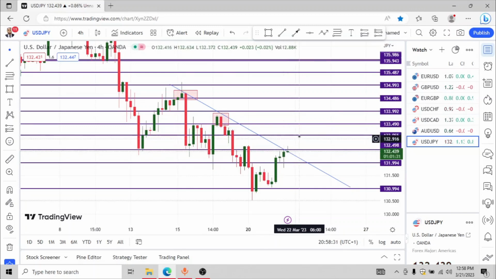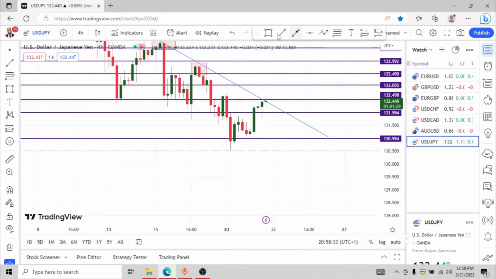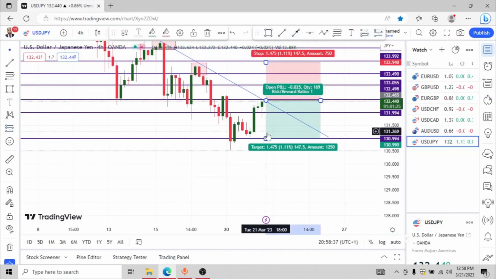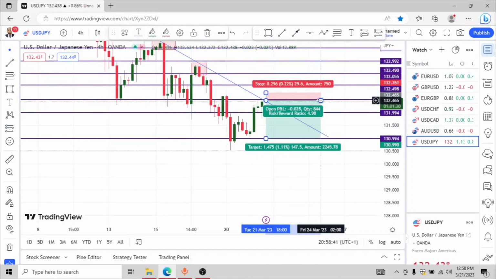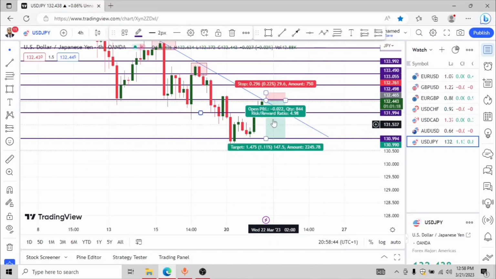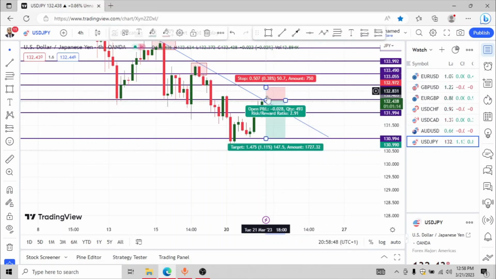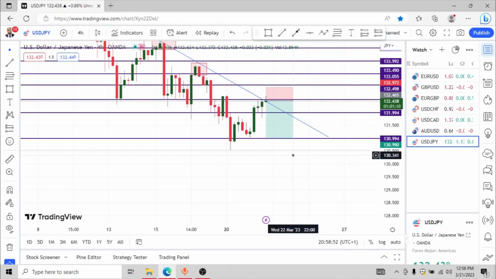So what we will do at this point is, this is where we'll take our trade. So we will now wait to have a sign for an entry. Do not enter yet, but I know this is a good opportunity for us to take a trade. So we'll wait patiently to have a signal, maybe an indicator that shows that it is time to take a trade.